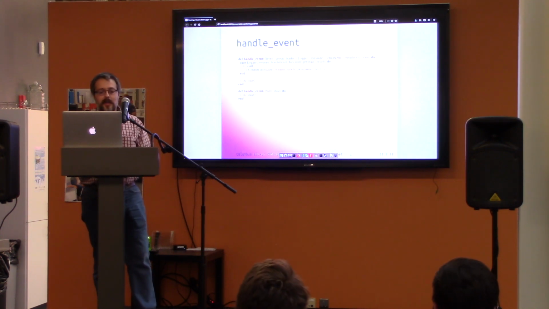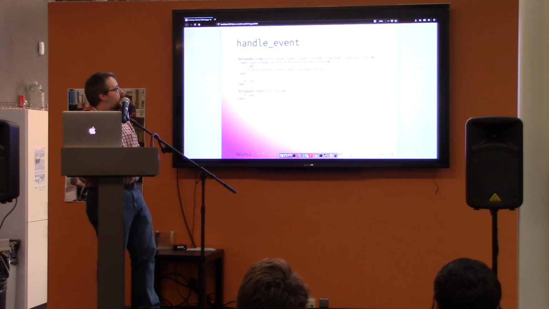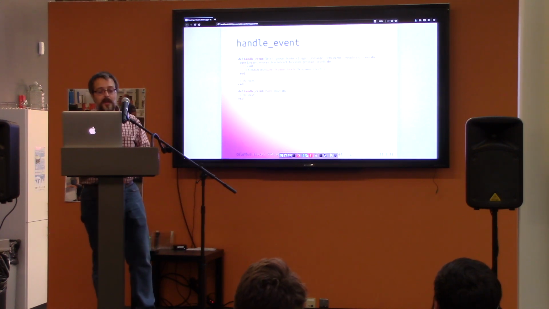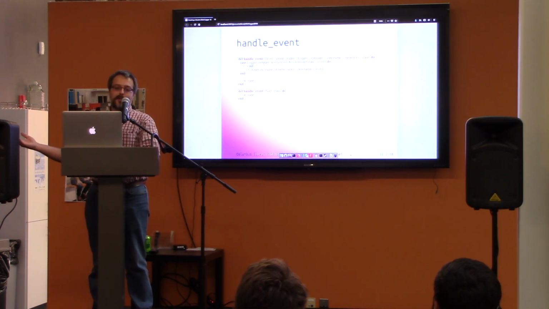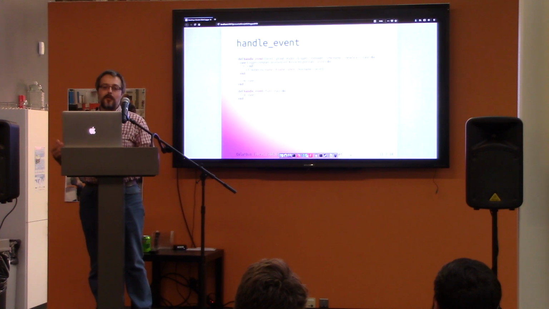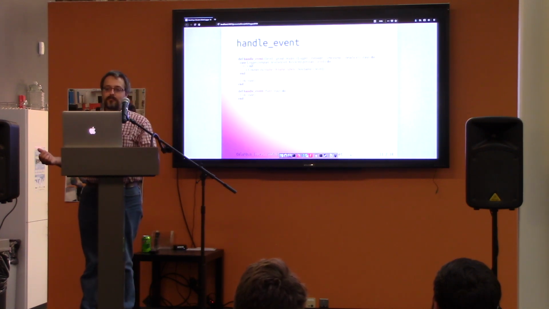Then we get to handle event, and this is that event struct, so whenever you call log, this event is raised. All we do here is we say, okay, logger compare level to what is the minimum level in our configuration that we want to log. And compare level gives us either a less than, greater than, or equal atom.